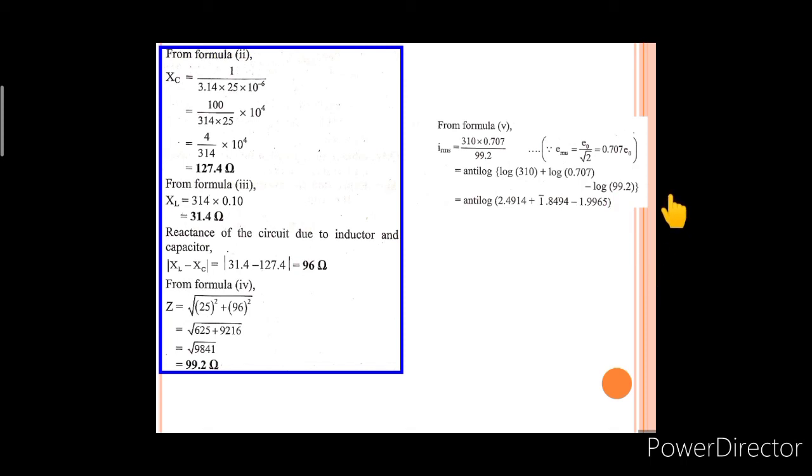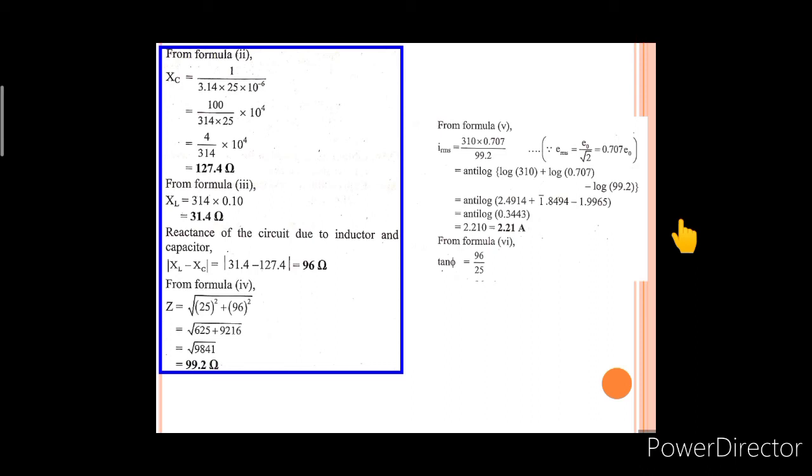Then we have to solve the bracket, and we are getting the value of the addition and subtraction of these values as 0.3443, and hence we have to take the antilog of 0.3443 there, and finally we are getting the IRMS as 2.210. Hence the value of IRMS we can write as 2.21 ampere.